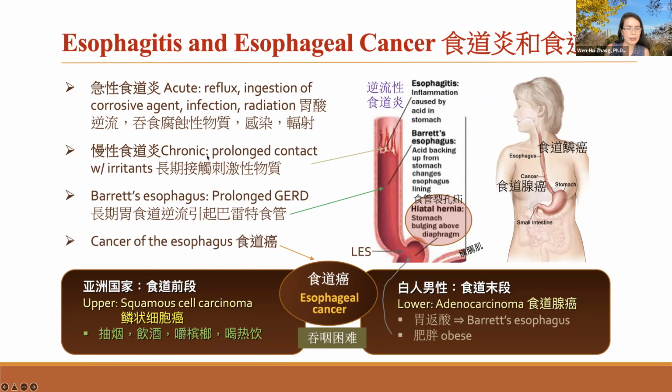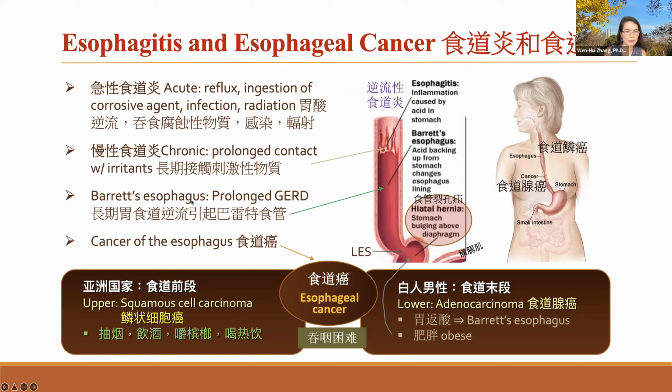And chronic esophagitis is the prolonged contact with irritants, like people who have chronic acid reflux, or when they smoke or drink over a long period of time. And drinking hot drinks or eating very hot food could also irritate the esophagus and can cause chronic esophagitis.